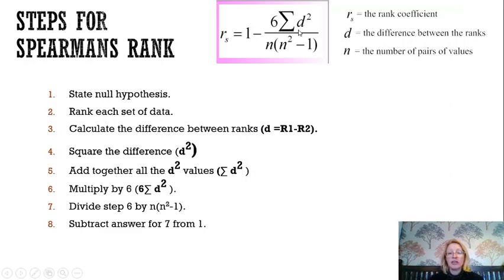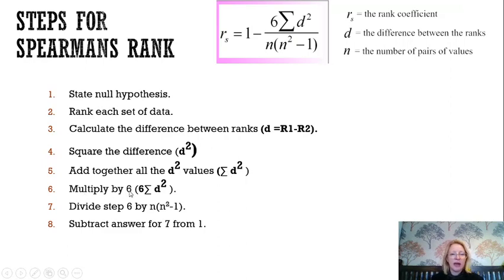This figure D represents the difference between those ranks, which is rank 1 minus rank 2. Then you square that difference and add them all together. That gets you to this point here, the sum of d squared.